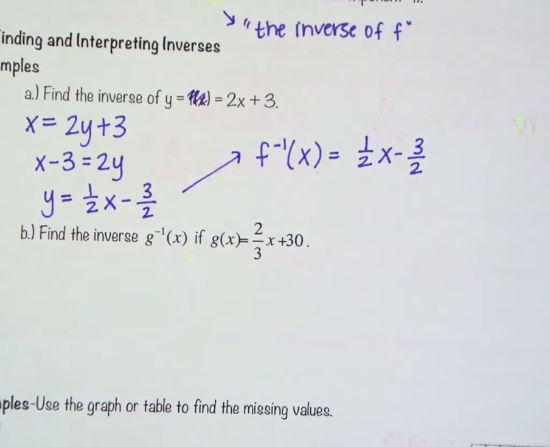But since this is the inverse, that means that that's the output. So it's going to be negative 2 again. So now this is the inverse. So in that notation, that's now my output. So when my output is 0, I'm looking for my input, which is negative 2.